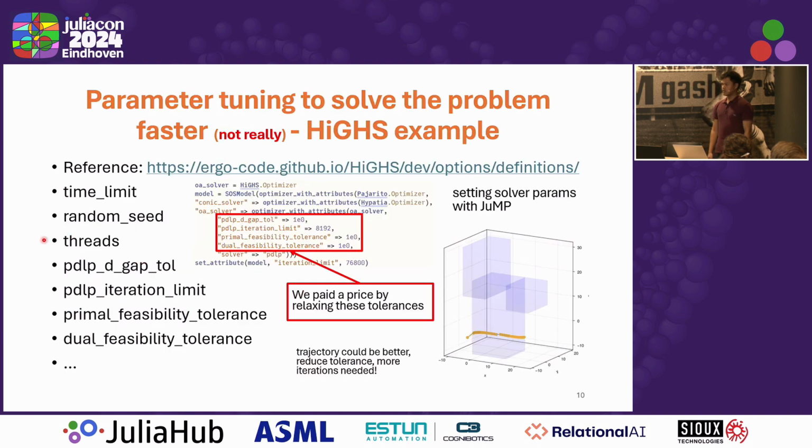So other things, if you're using JuMP and specific to the solver that you're using, you can also optimize with different parameters. Here I'm taking the HiGHS optimizer and specifying the model with the solvers that I'm using, and you can see the parameters that I'm using for this outer approximation solver.